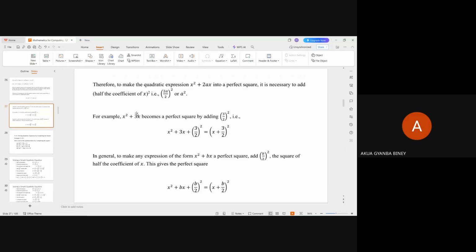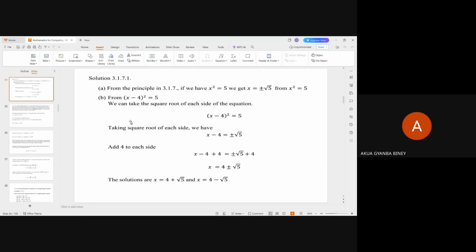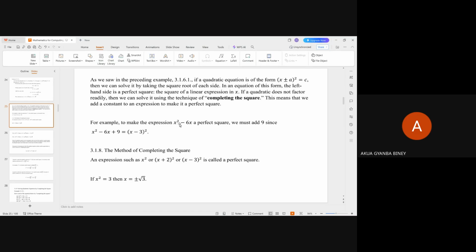So this may be given, and you want to make it a perfect square. How do you get it? So back to here, you only have this. The question can be x squared minus 6x. Make this a perfect square, and this is the answer it is looking for.